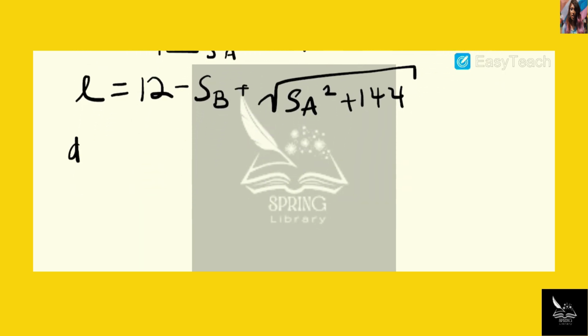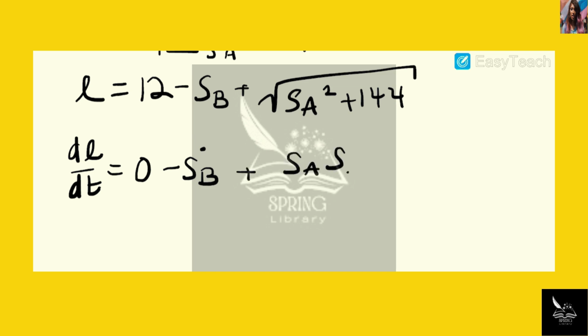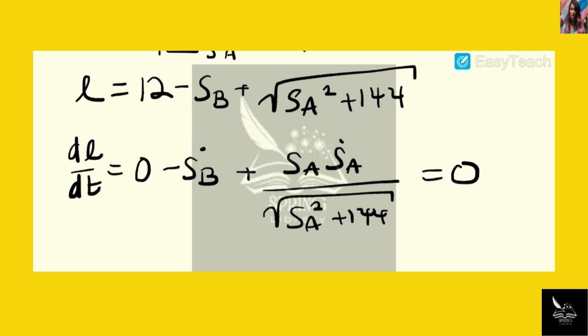So dL/dt is equal to 0 minus SB dot plus SA times SA dot all over the square root of SA squared plus 144, and this is equal to 0.